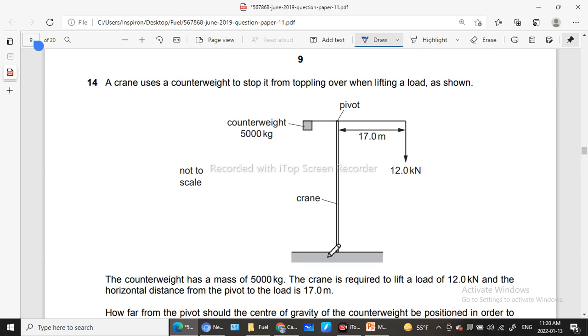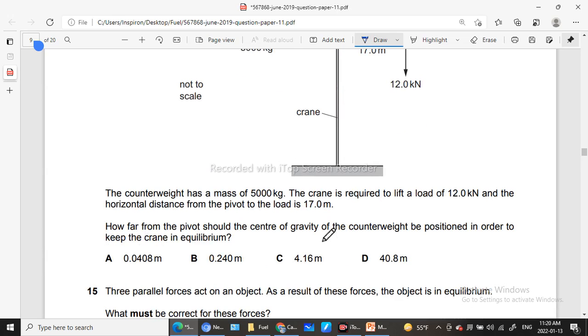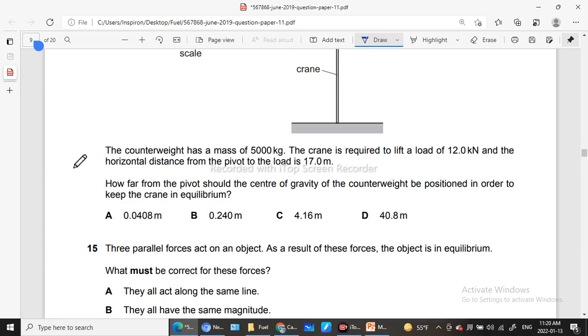A crane uses a counterweight to stop it from toppling over when lifting a load, as shown. The counterweight has a mass of 5,000 kilograms.